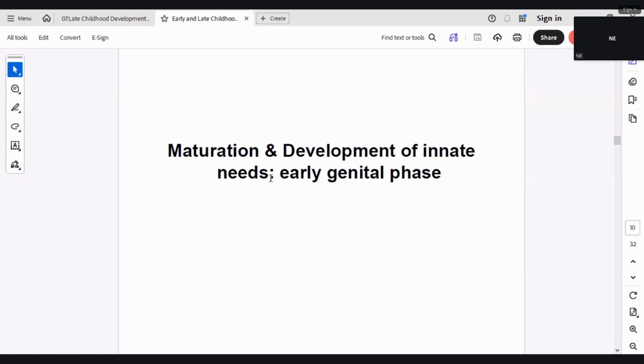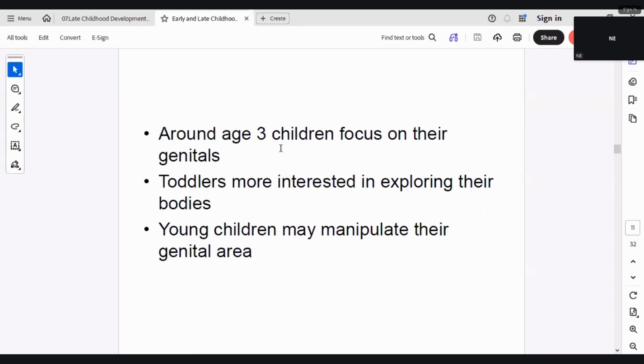What about their innate needs, their early genital needs? So around age 3, kids will focus on their genitals out of discovery. A 3 year old, if mom has a new baby of a different gender, will pick up on the difference in appearance, and they'll ask, what is that? Or how come I don't have that, for example.